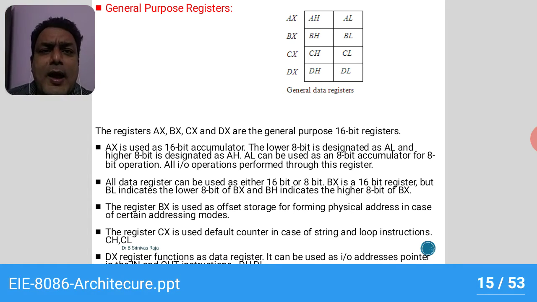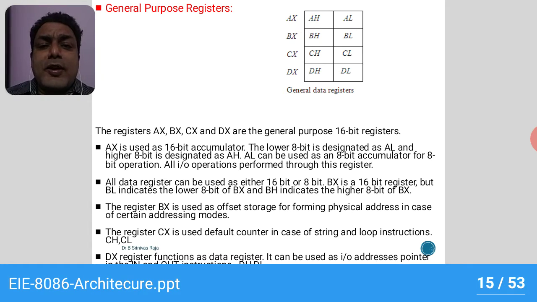That means as a whole we can summarize that AX, BX, CX, DX are called general purpose registers. The register AX is used for accumulator purpose. The register BX is used for storing the offset address in case of addressing modes.